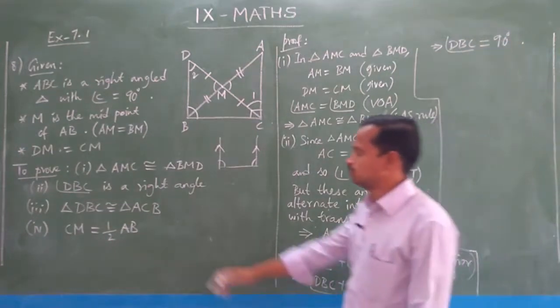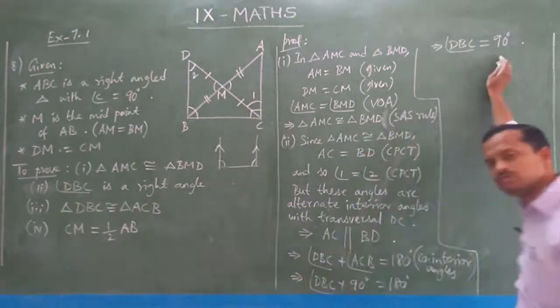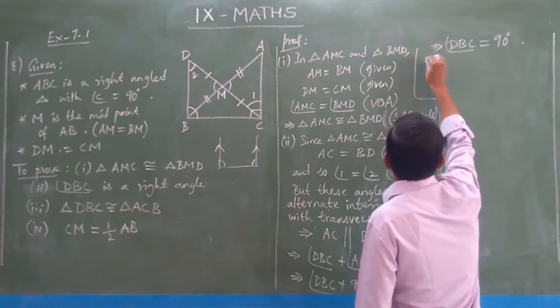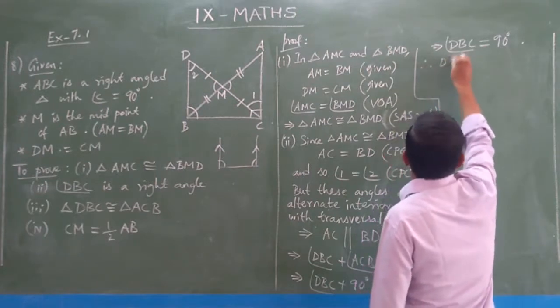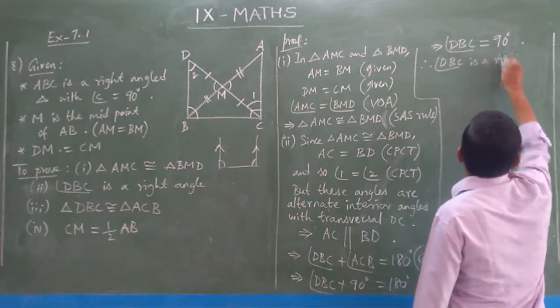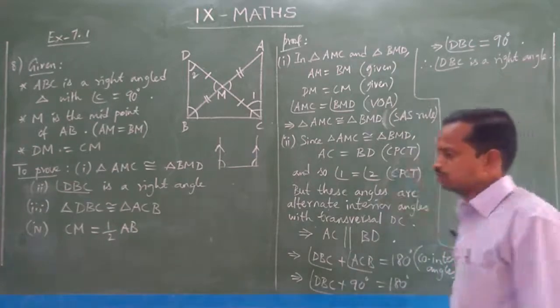And so we prove DBC is a right angle. That's all. 90 degrees means right angle. Therefore, angle DBC is a right angle. We have proved it.